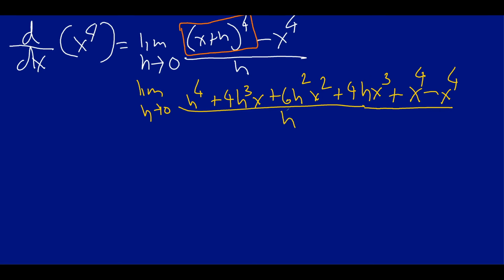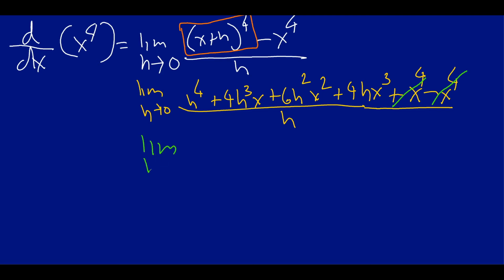All right, so there are a few things we can do right now to make this a little bit simpler for us. Number one, we can eliminate this positive x to the fourth and this negative x to the fourth, they cancel each other out. And so now we're left with the following. This is where it continues to get difficult here.